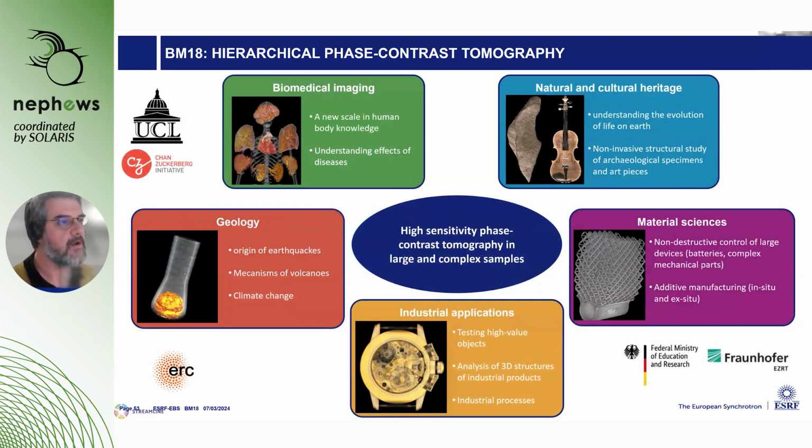In fact, microtomography with synchrotrons covers nearly everything you can imagine where 3D imaging could be interesting. So it can cover biomedical, natural and cultural heritage, including paleontology, material sciences. We have a lot of industrial applications. We have geology, but we have also natural sciences and so on. So it's really everything where you can imagine that the 3D could be interesting is basically scanned with synchrotrons.